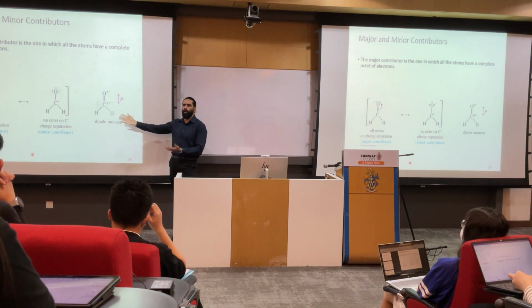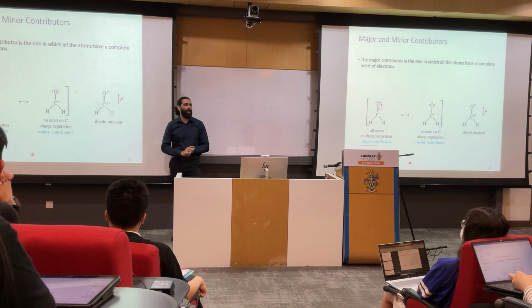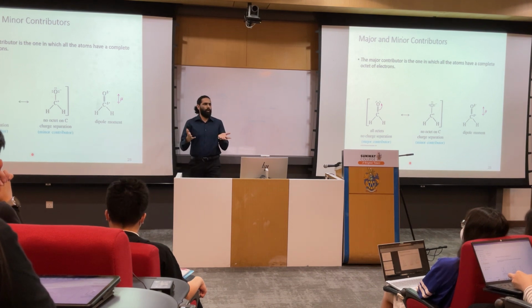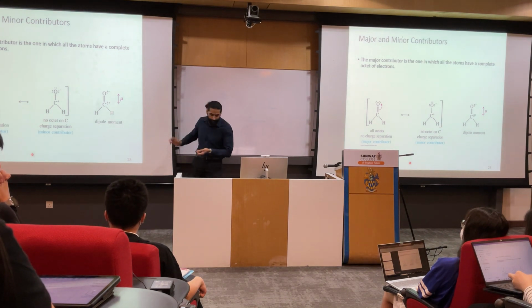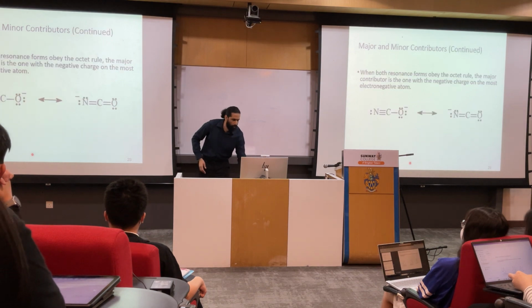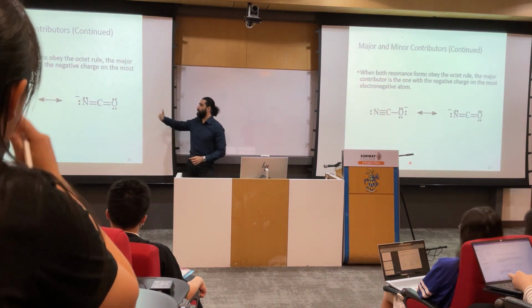Then you can think about making more than one. But if you are only asked to draw one, just always go with the major contributor. Make sense, right? We don't want you to do extra work, but if it gives extra marks in the exam, then why not? Right?